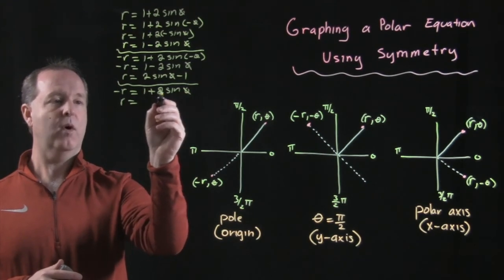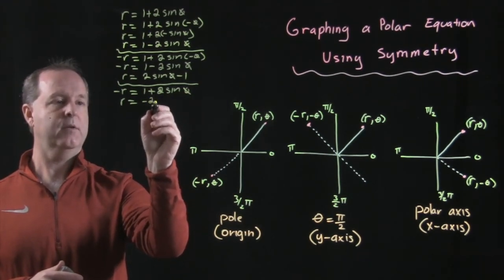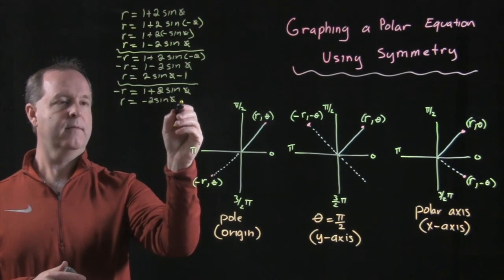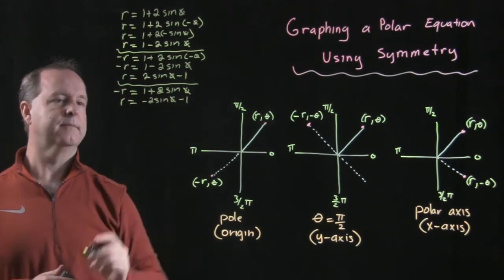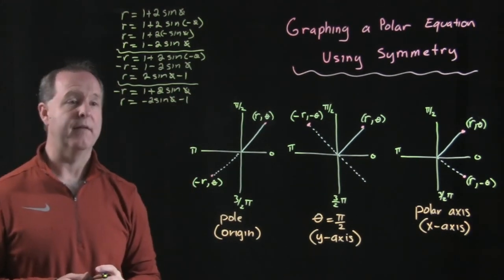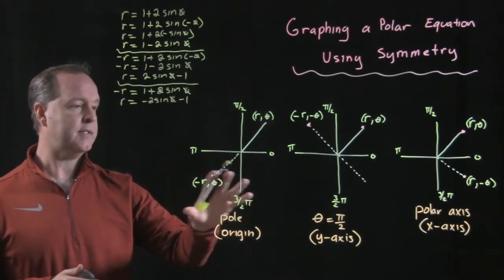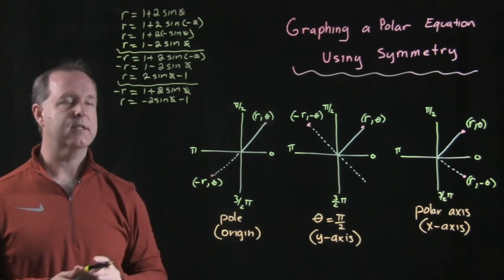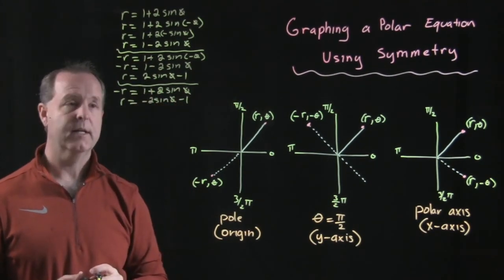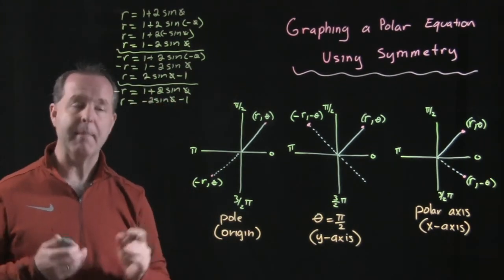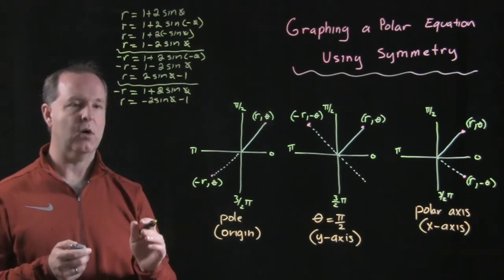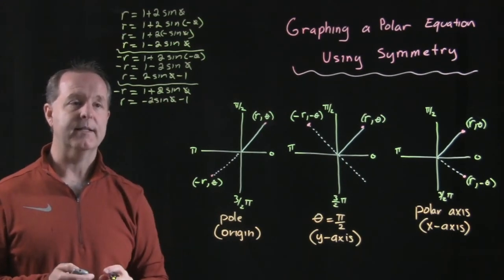That equals a negative 1 minus 2 sine theta, or a minus 2 sine theta minus 1. And that also fails the symmetry test. So doing the symmetry test, each of these symmetry tests fails, and so it shows that there may or may not be any symmetry. So let's go ahead and start to graph it and see what we discover.